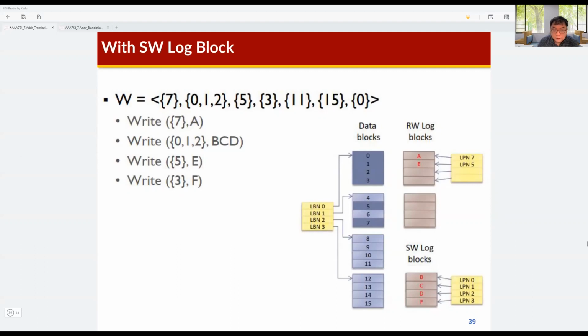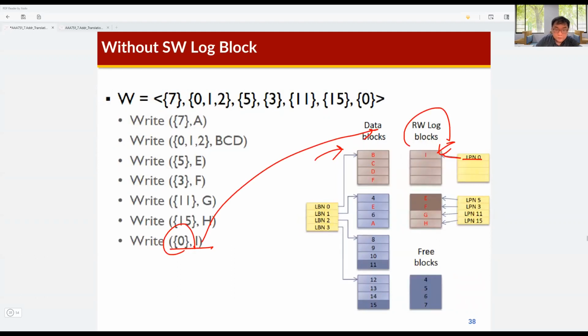So this is the first page of the data block, but this page is assigned to the random write log block. That means that even though the future request is performed sequentially, we need to perform the full merge for this case.